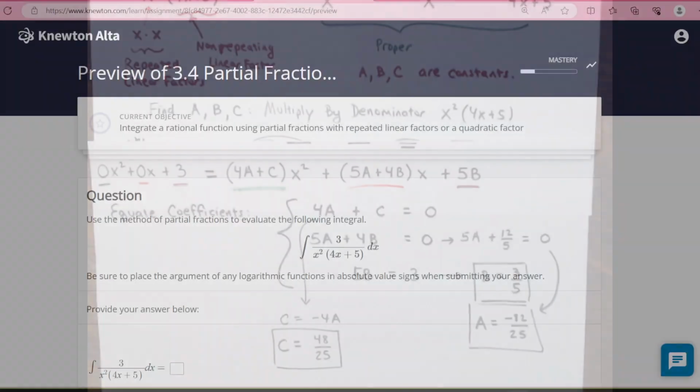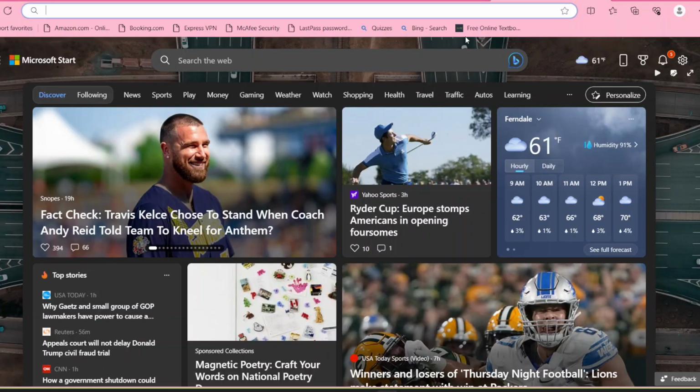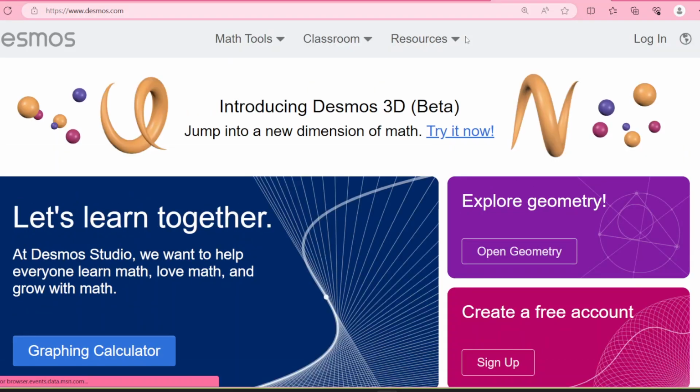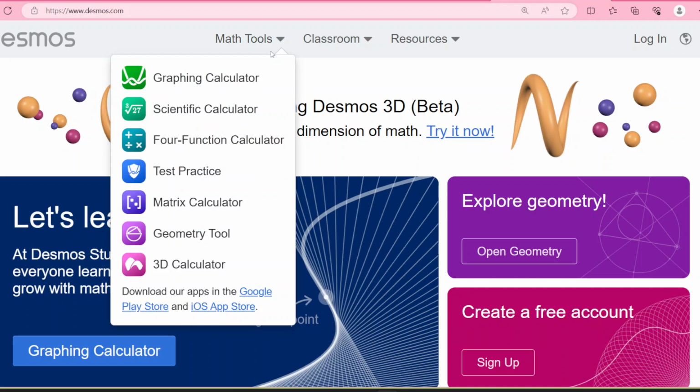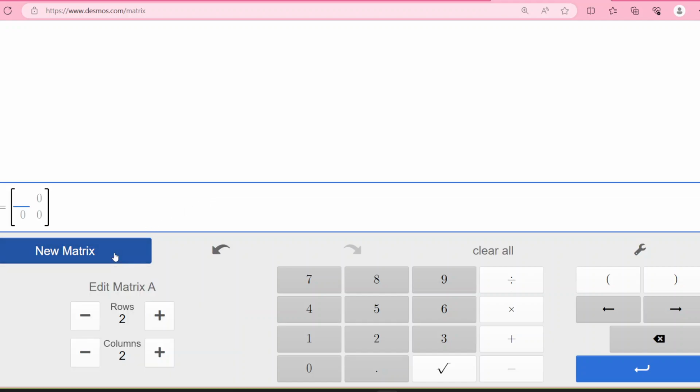So what I'm going to do here, I'm going to go to Desmos.com. And then under Math Tools, you see this matrix calculator. I'm going to create a new matrix.